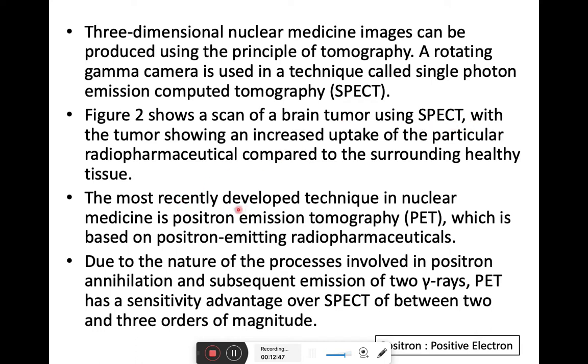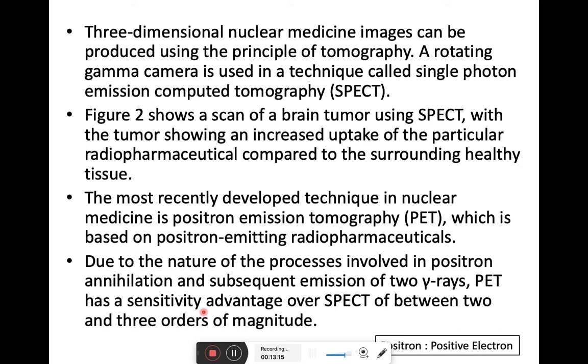The most recently developed technique in NMI is positron emission tomography, or PET for short. This is based on positron-emitting radiopharmaceuticals. Due to the nature of the processes involved in positron annihilation and the subsequent emission of two gamma rays, PET has extra sensitivity.